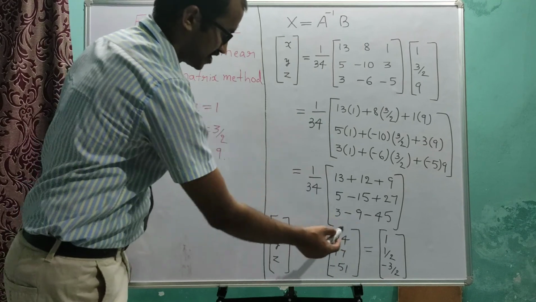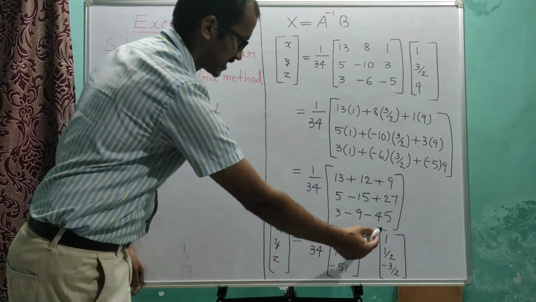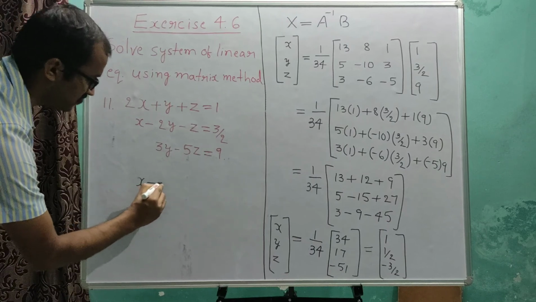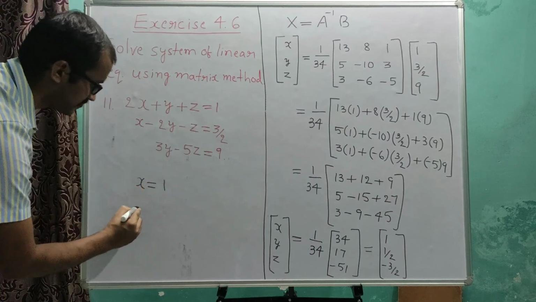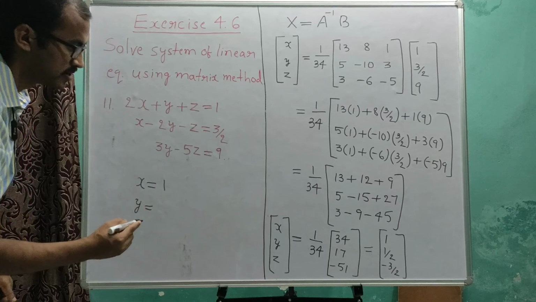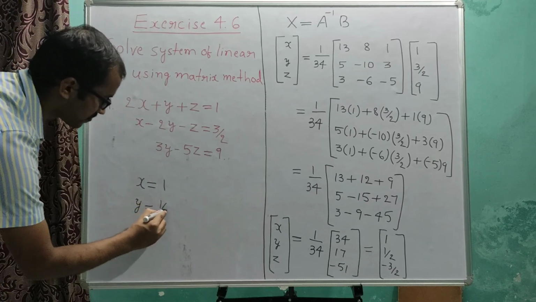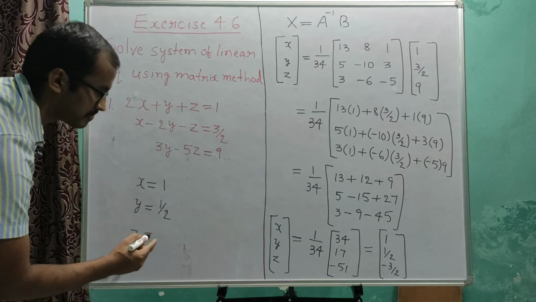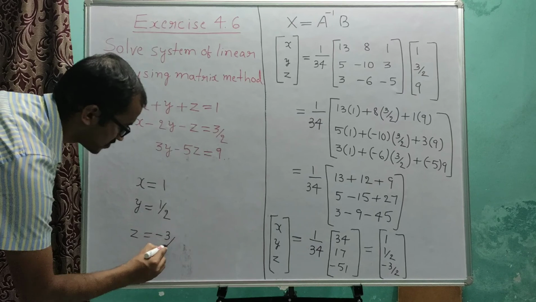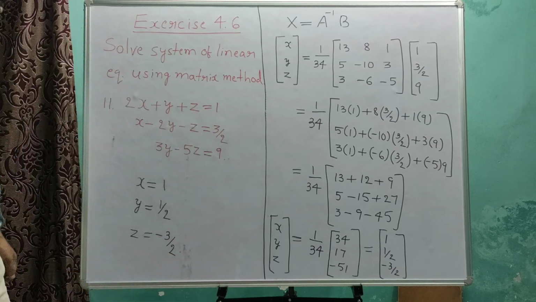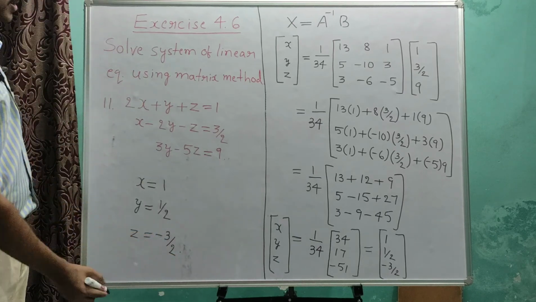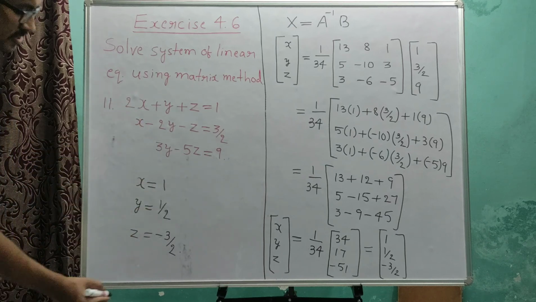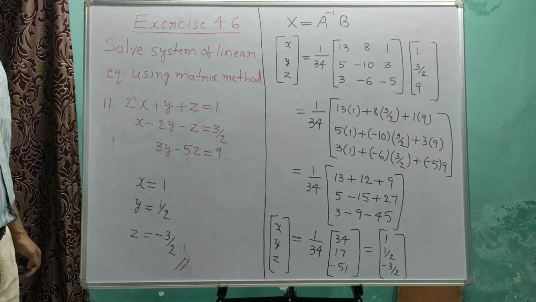So if you equate the corresponding elements of these two matrices, we will get the value of x equal to 1, y equal to 1 by 2, and z equal to minus 3 by 2. So this is the required solution of the given system of linear equations. So thank you.